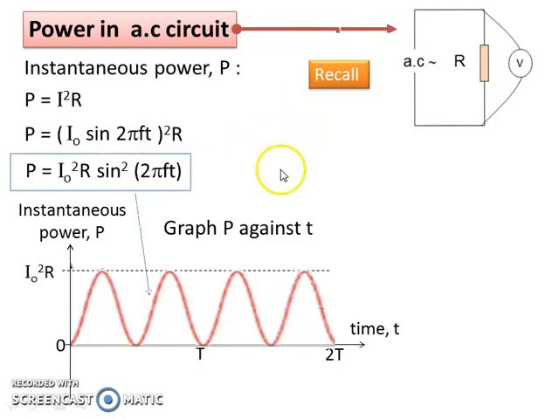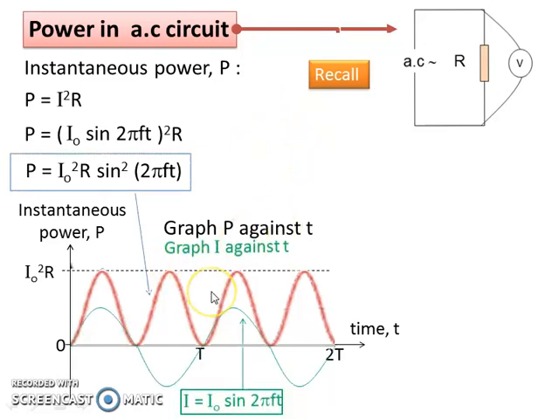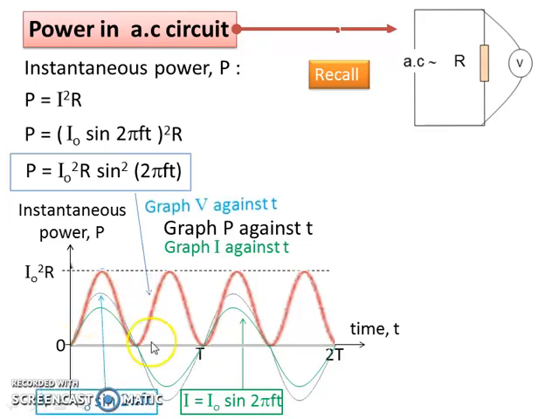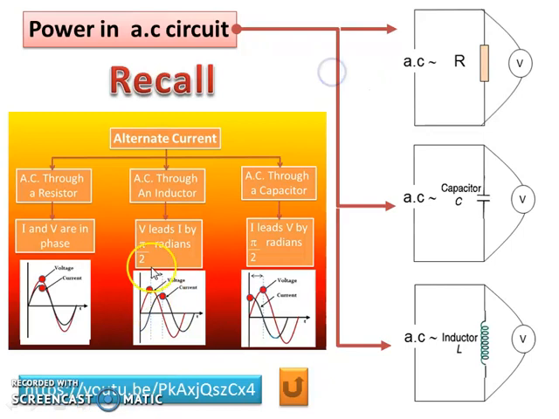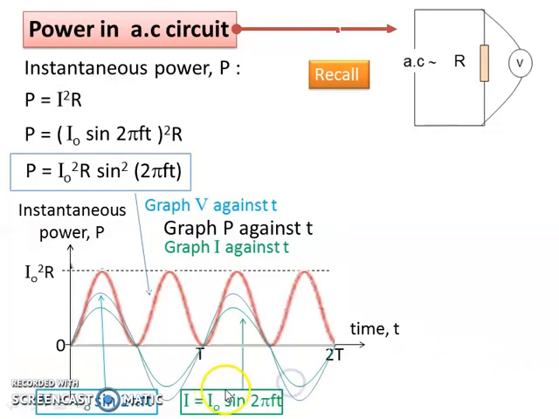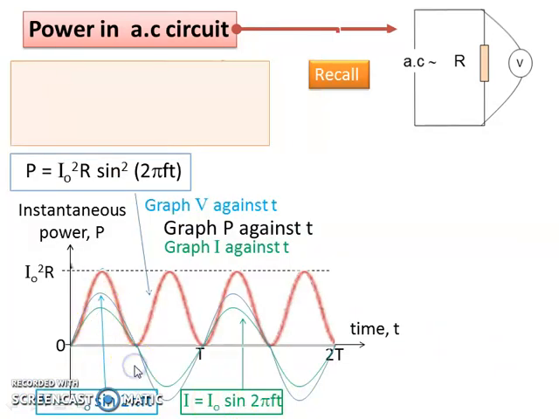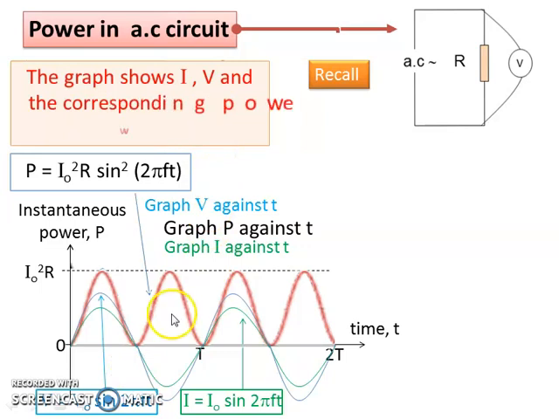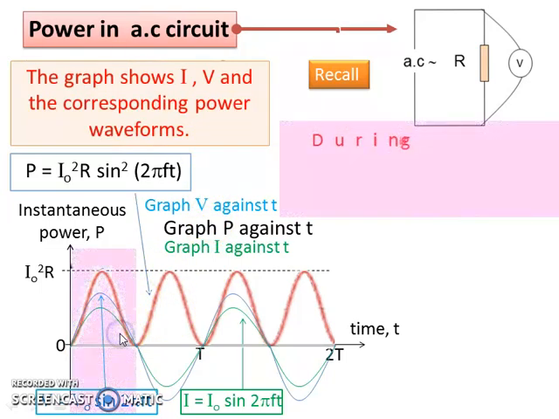Okay, now we plot V against t and I against t in the same graph to observe the relationship between the power, I naught and V naught. From what we've observed before in this YouTube channel, we get this graph where I and V are in the same phase.